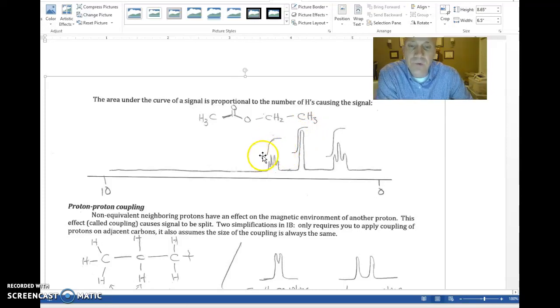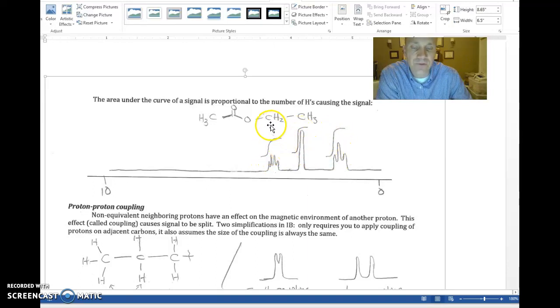The way they represent the area under the curve is they put this little curve, and in NMR we call that an integral. We'll say that these peaks have been integrated, and that the relative height of these little curves shows you how many hydrogens are causing that signal. So the relative heights here are 2, 3, 3.